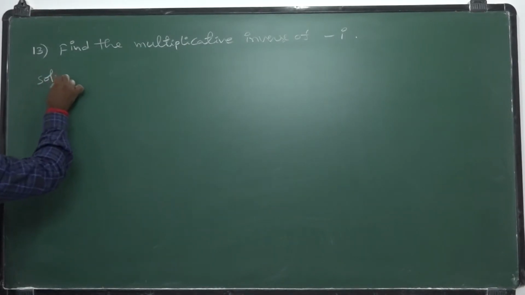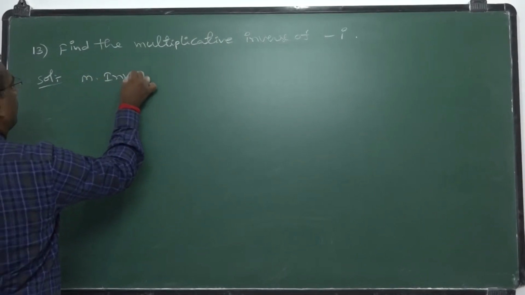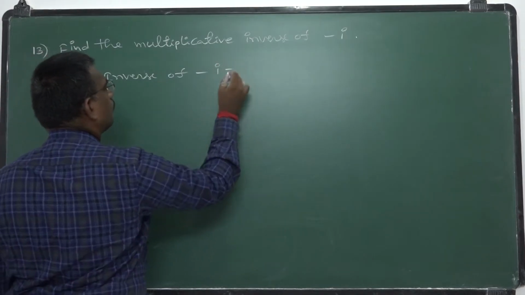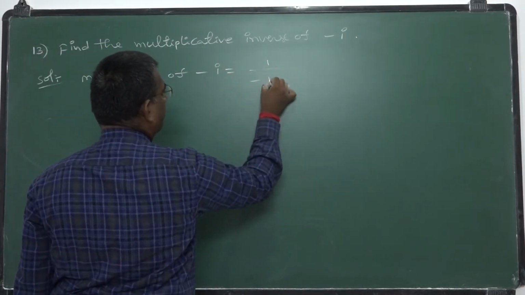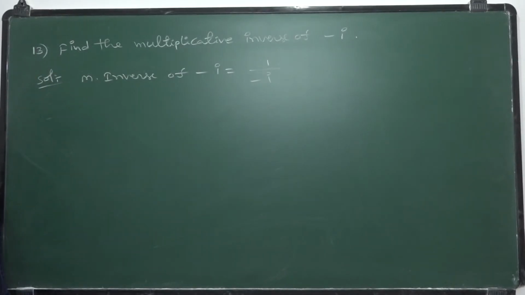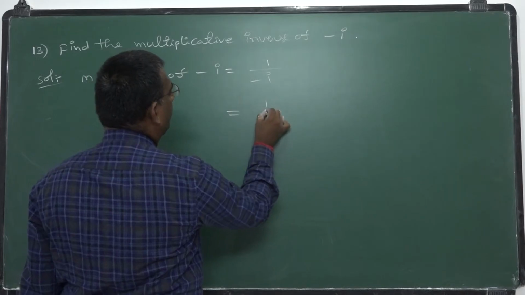Solution. So multiplicative inverse of minus i is equal to 1 by minus i, 1 by z. Multiplicative inverse of z is 1 by z. So this will be equal to 1 by minus i.